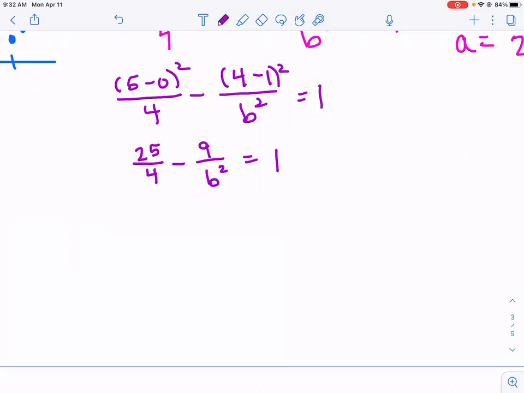Okay, we got to solve for b squared. So let's subtract this 25/4 over here. 1, aka 4/4 minus 25/4 is going to give us what?